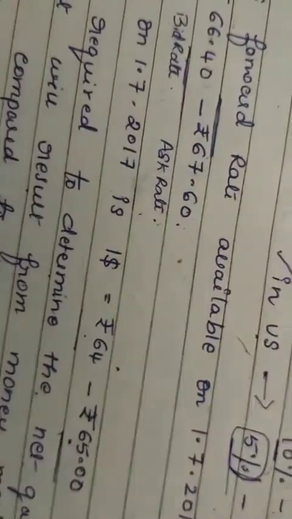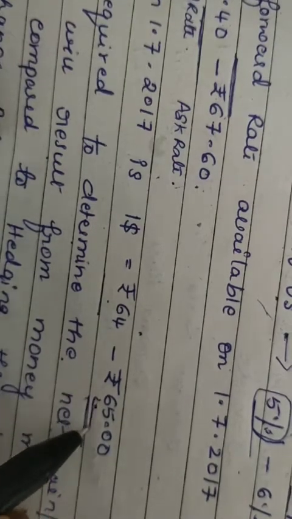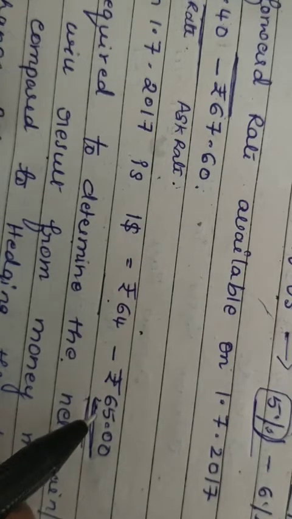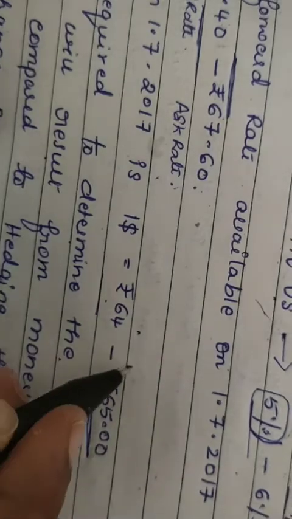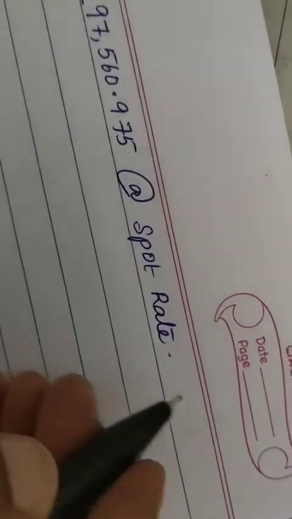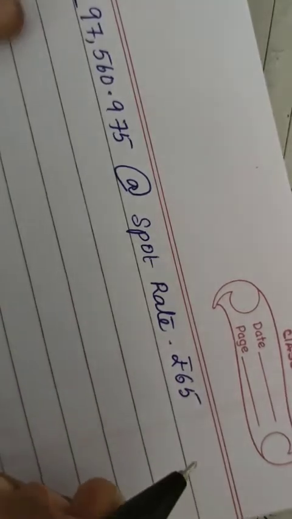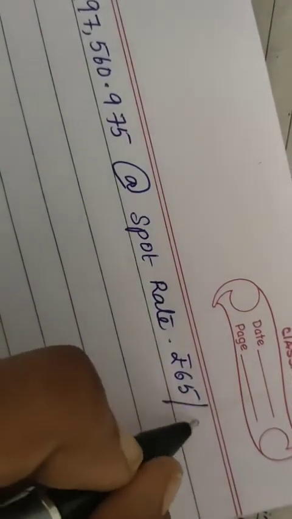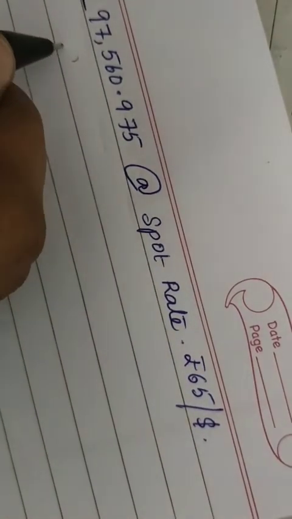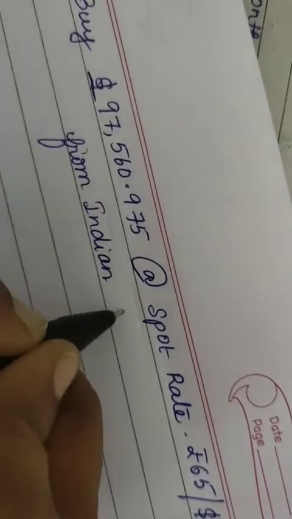Banks always sell the foreign currency at the ask rate, always at the high, that is here 65. So 65 is the spot rate that should be considered for the conversion, rupees 65 per dollar. So you buy from the Indian bank.